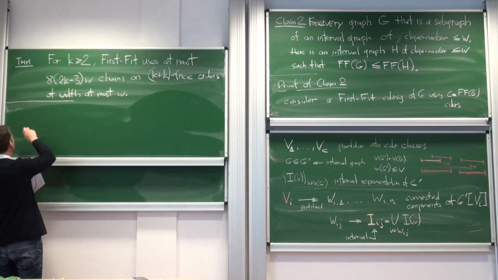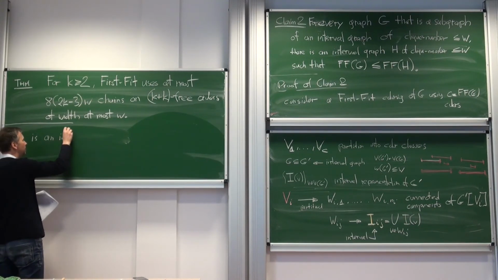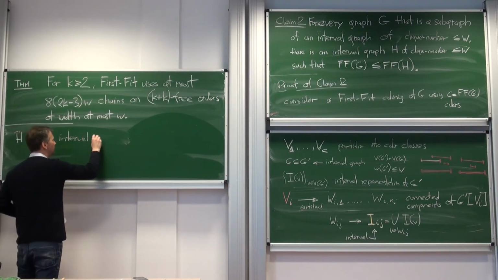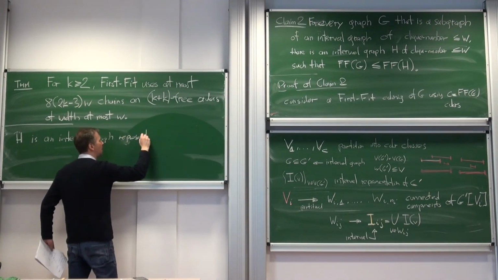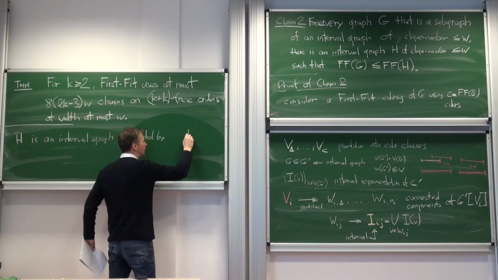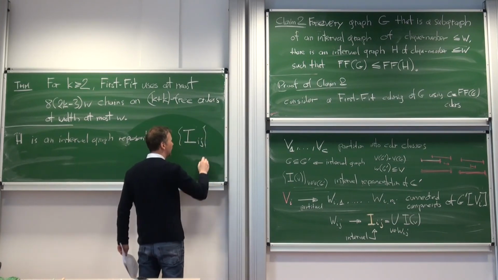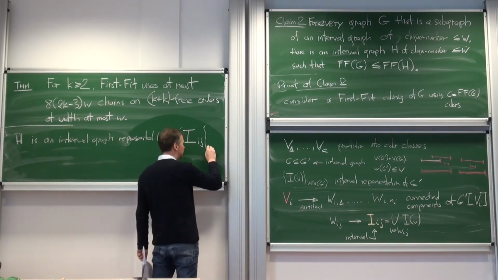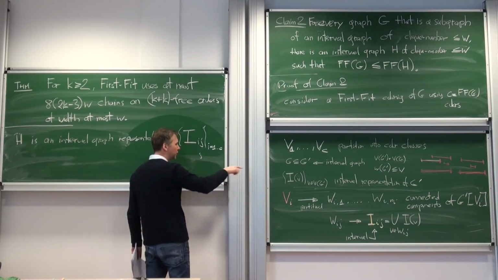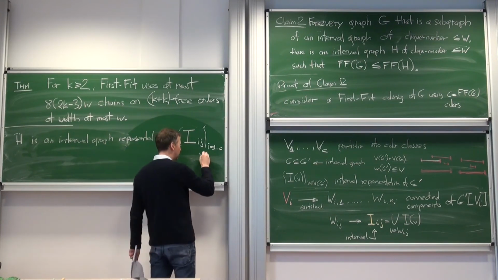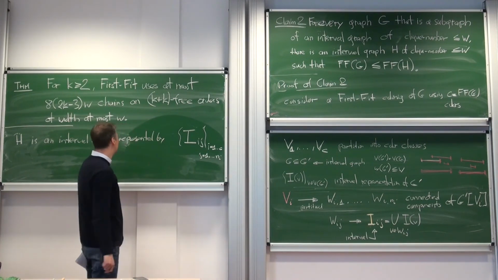So H is an interval graph represented by the intervals I_ij, where i runs over the color classes, the initial ones from 1 to C, and j runs over the components in color class i, so from 1 to N_i.